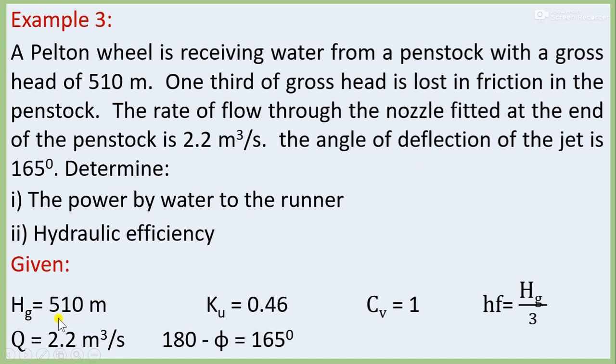So in given, enlist the given values, that is gross head, discharge. Now here deflection angle, we know that 180 minus phi is equal to deflection angle. So by this relation we get phi, that we will see in next slide. Speed ratio we have to assume, that is 0.46, and Cv as equal to 1.